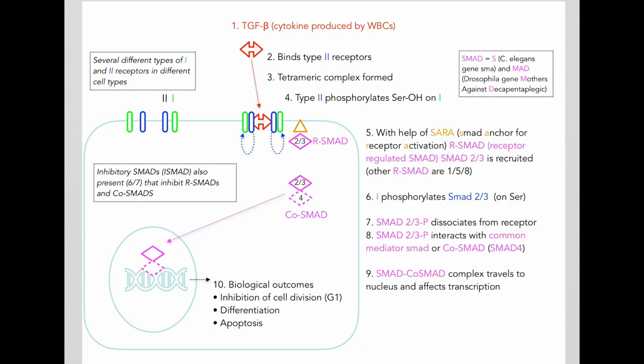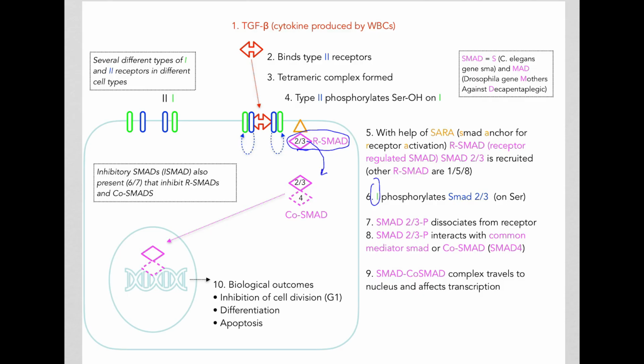Once this SMAD2/3 comes close to the receptor, the type 1 receptor will now phosphorylate the SMAD2/3 on its serine residues. Once these residues are phosphorylated, the SMAD is free, it's released and dissociates from the receptor.